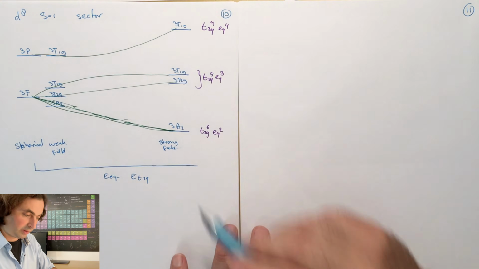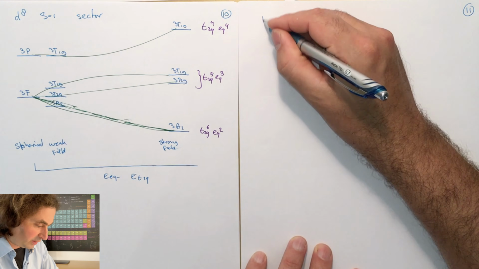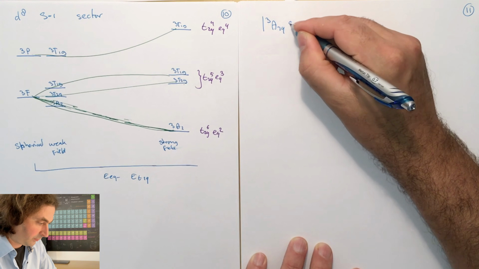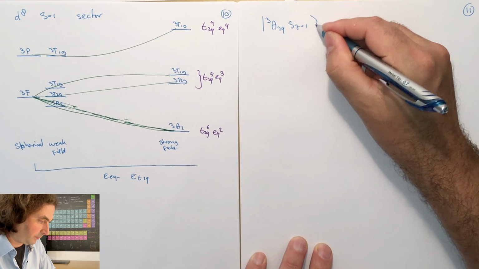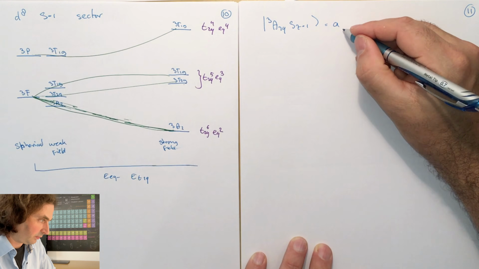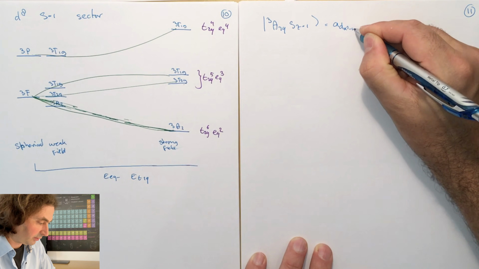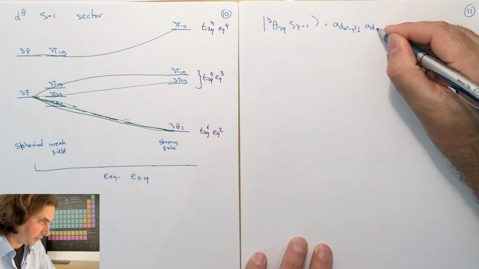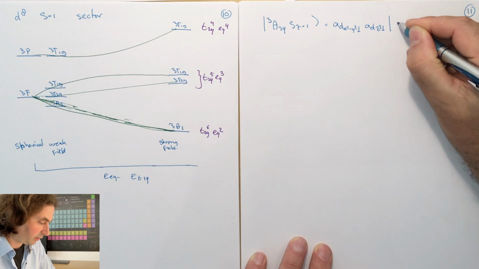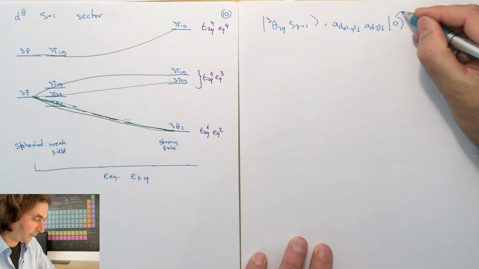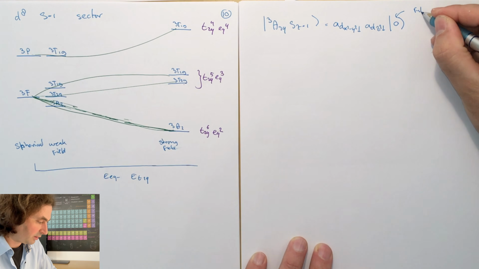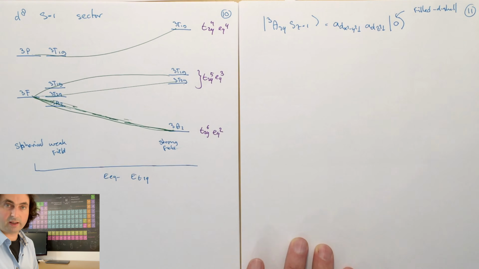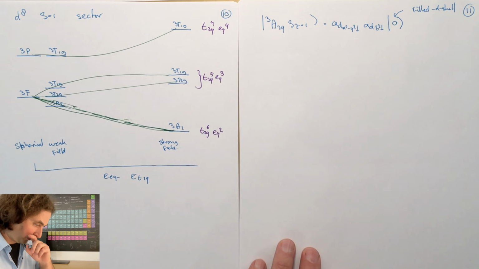We can now have a look at explicit representations of these states. I will just have a look at the ground state with S_z is 1. This is the state where we remove an electron in the x squared minus y squared orbital, and we remove an electron in the z squared orbital out of the vacuum. And our vacuum in this case is a filled d shell, so we're in a language of holes.